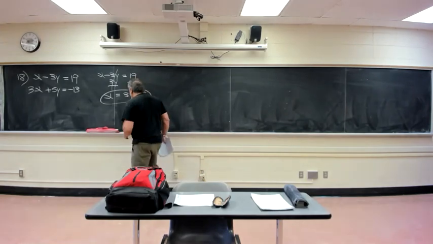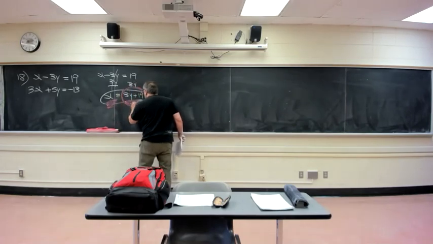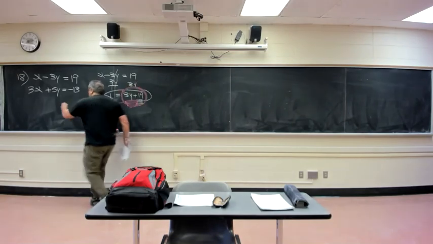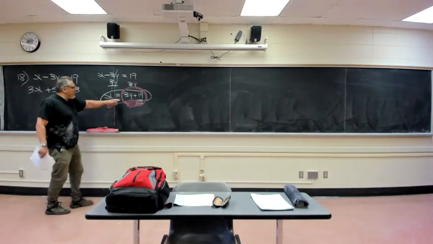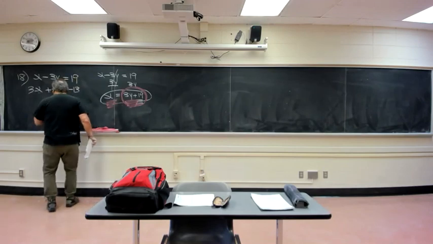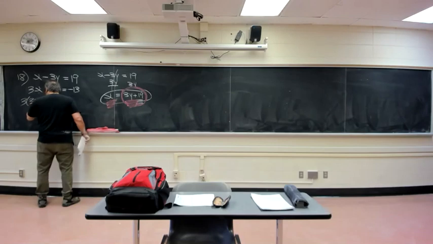Well, if x is equal to this right here, wherever you see an x over here, plug in 3y plus 19. What does that accomplish? X is 3y plus 19.